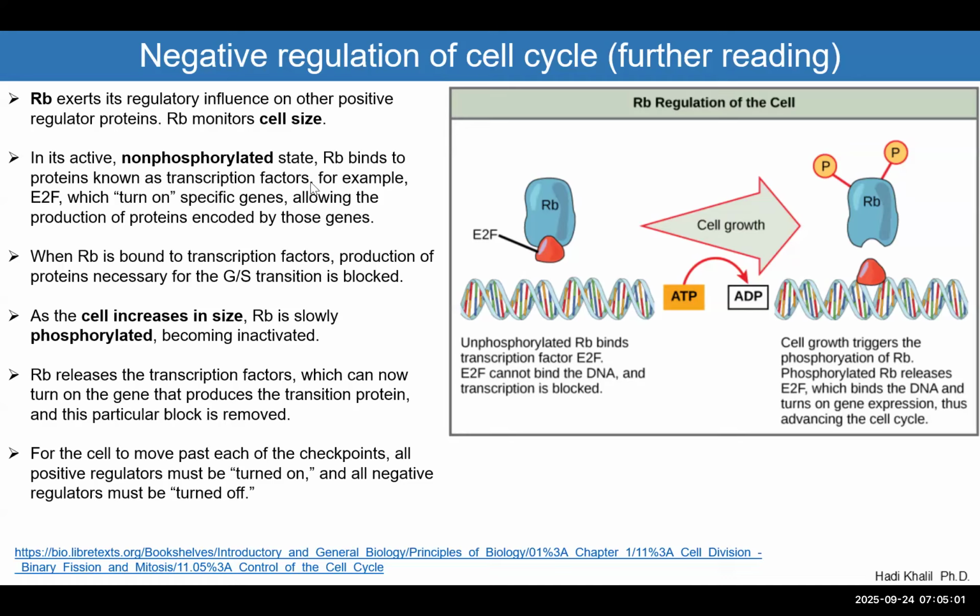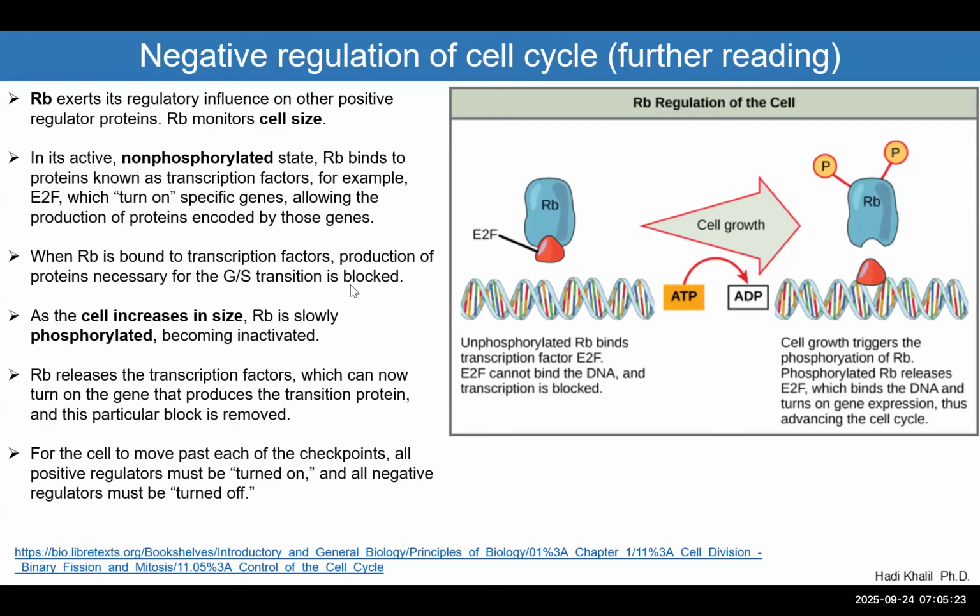Now, in the inactive form, the non-phosphorylated state of the retinoblastoma binds to the transcription factor and it blocks its function. But when retinoblastoma is binding to that protein, it's blocking the process of the G to S transition.